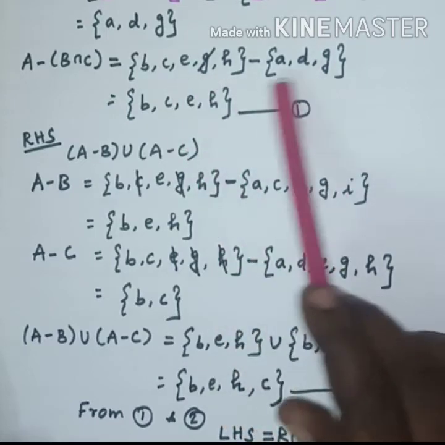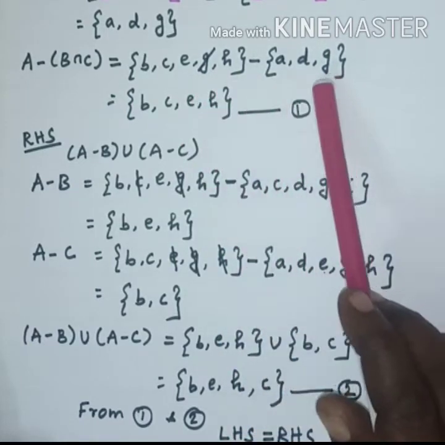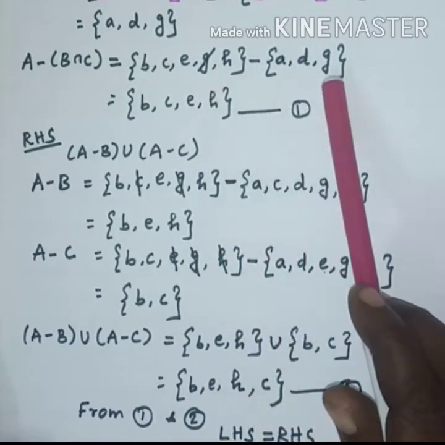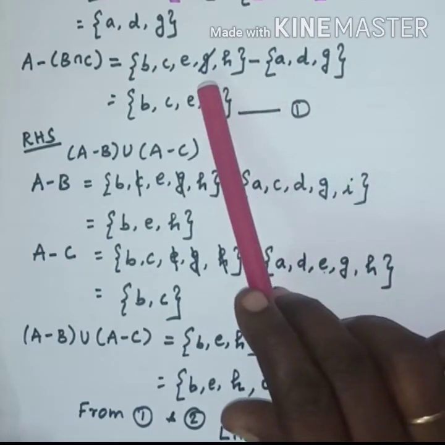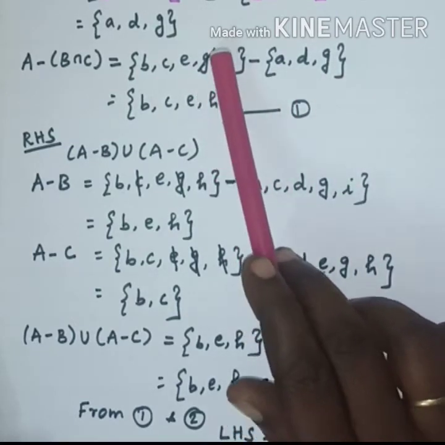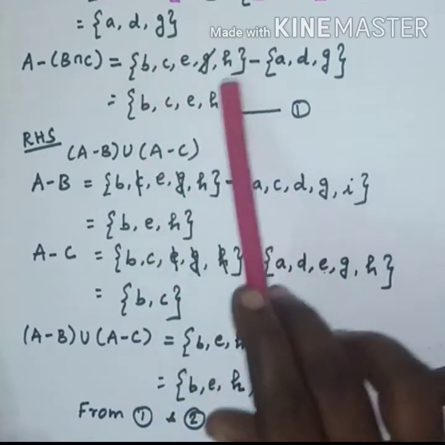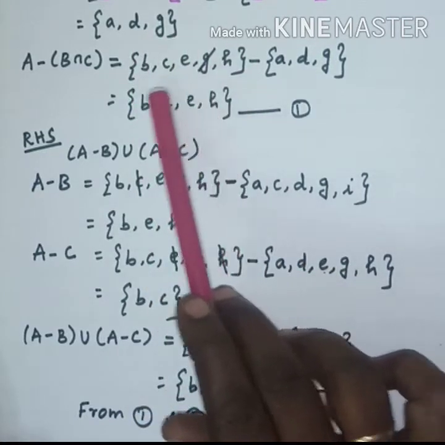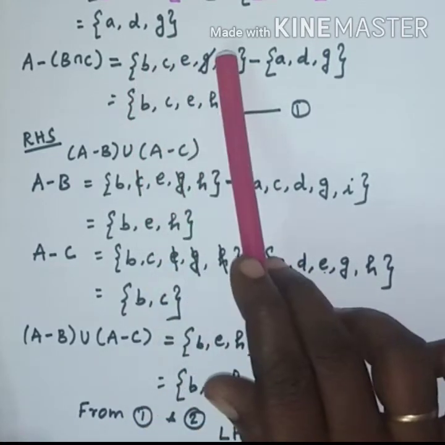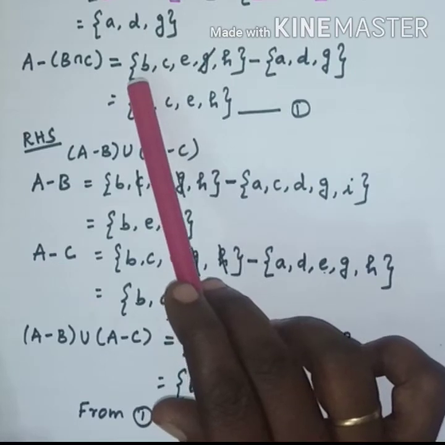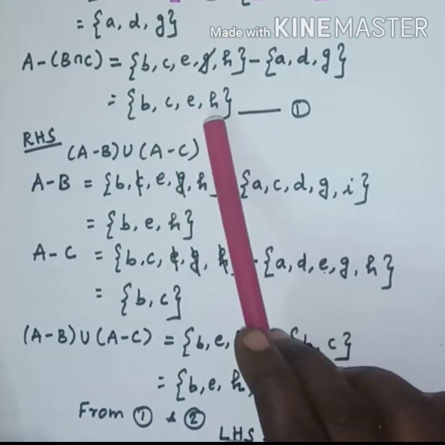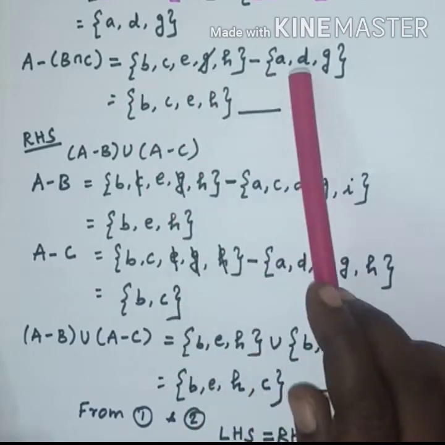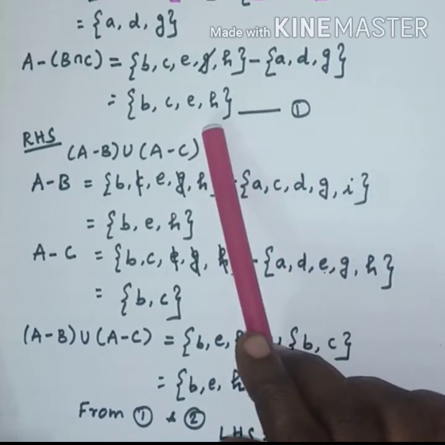So, in these two sets, G is the common element in both the sets. So, remove G from the first set, and write the remaining elements of the first set. Don't include the second set in the answer.